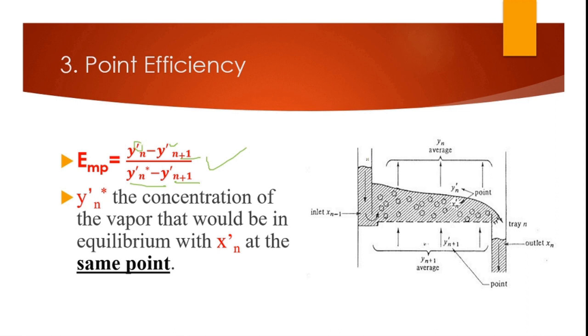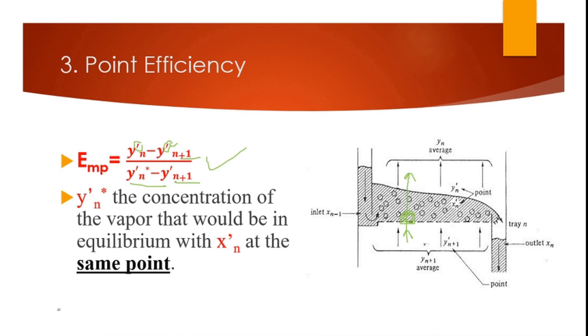This dash sign means that you choose any point on the tray. Suppose you choose this particular point on the tray. The vapor coming to this tray at this point will have the concentration yn plus 1 dash, and the vapor leaving this point will have yn dash.